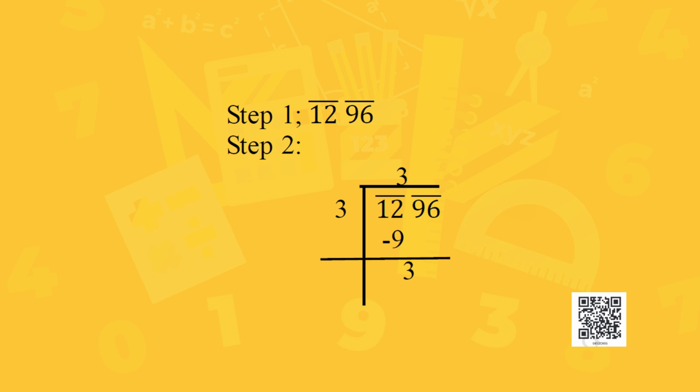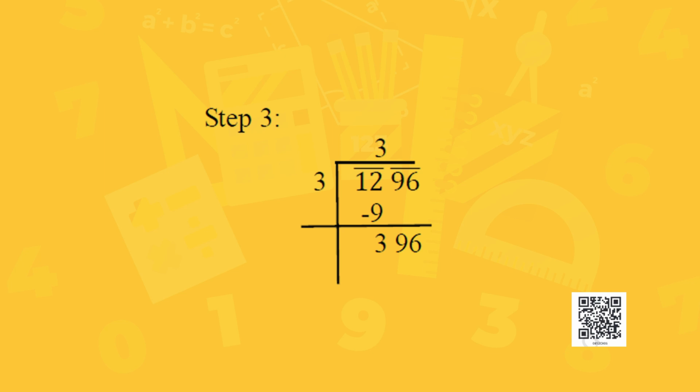In the second step, choose the largest positive integer whose square is less than or equal to the number under the extreme left bar. Here we know that 3 squared is less than 12, which is less than 4 squared. So 3 times 3 is 9, and by subtracting 9 from 12, we get the remainder 3.